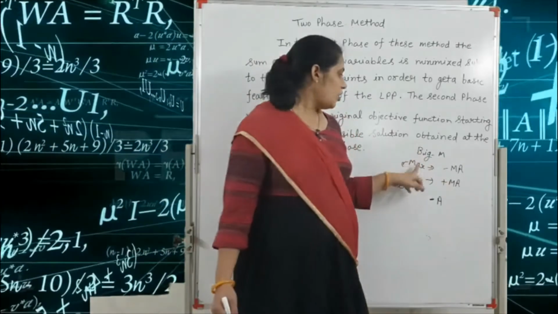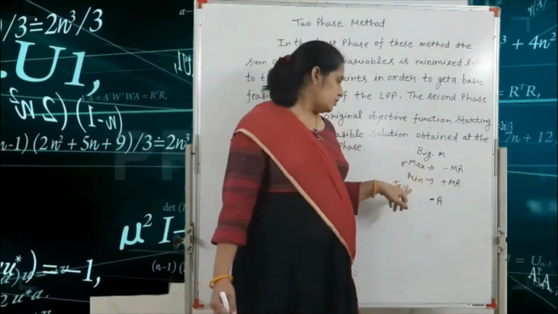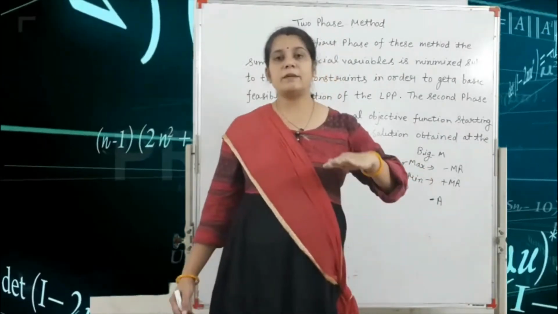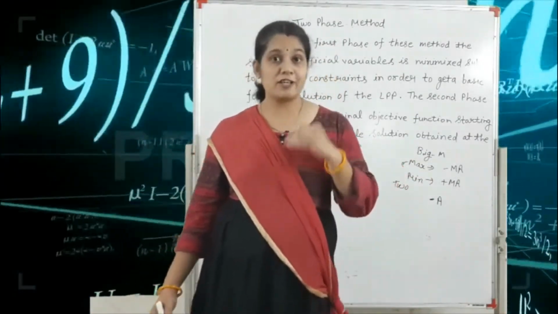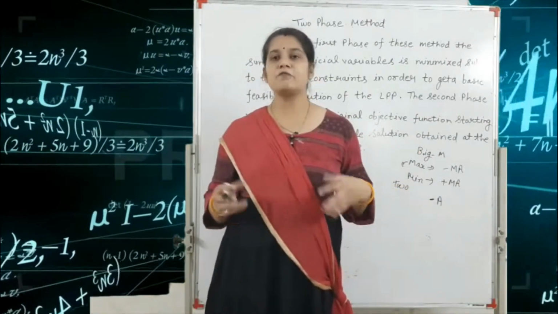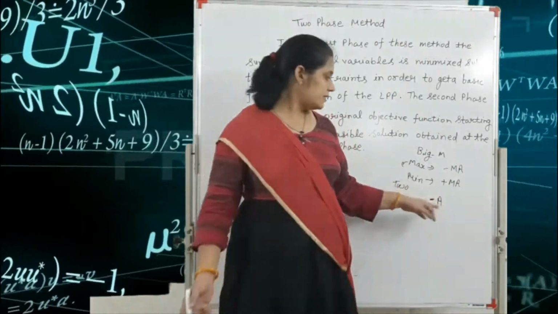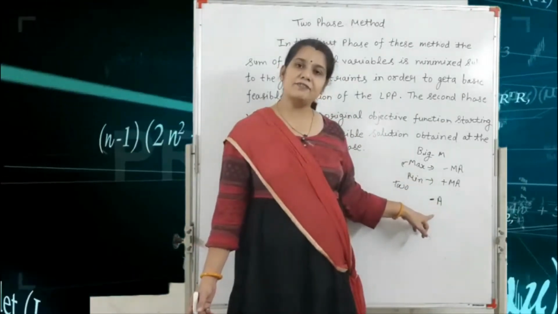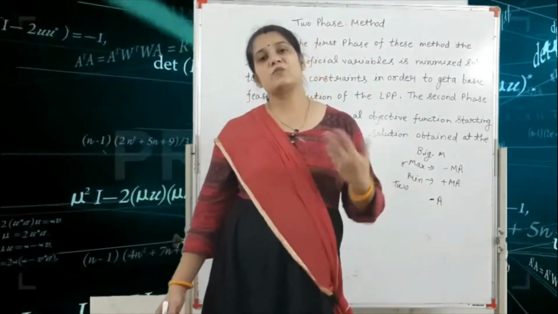So always keep in mind: if the question is given in the minimization form, first you convert it into the maximization format. If the question is given in maximization form, it's okay. You consider the coefficient of the artificial variable as minus 1.